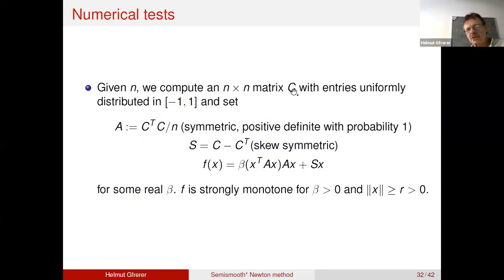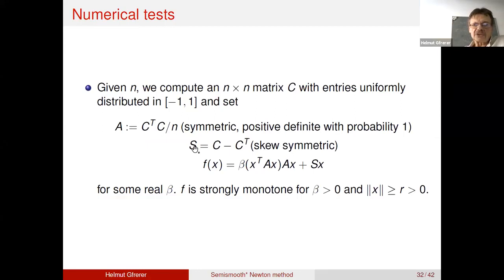First, we compute a randomly generated matrix C with elements in -1 and 1. Then we compute this matrix A by C transpose C divided by N. This is symmetric and positive definite with probability 1.